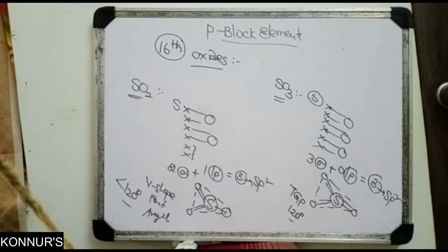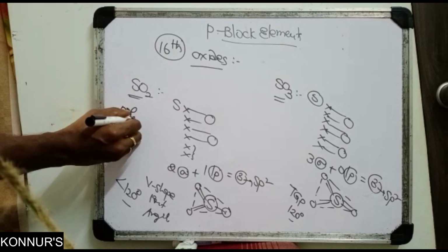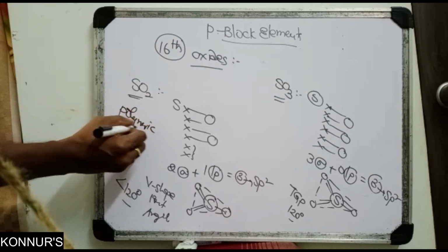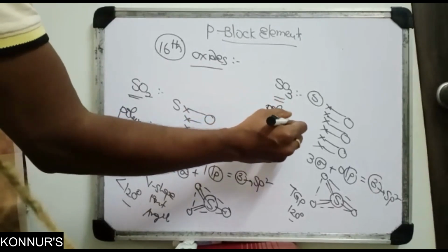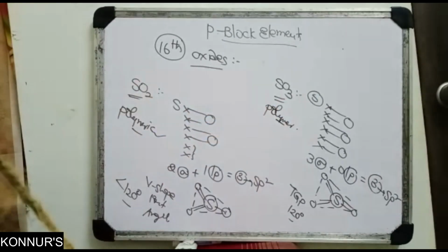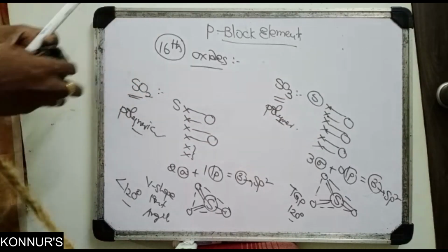Next, SO3 is also showing polymeric nature. It forms trimers. So dimer, trimer, tetramer, like that polymer structures you are getting.